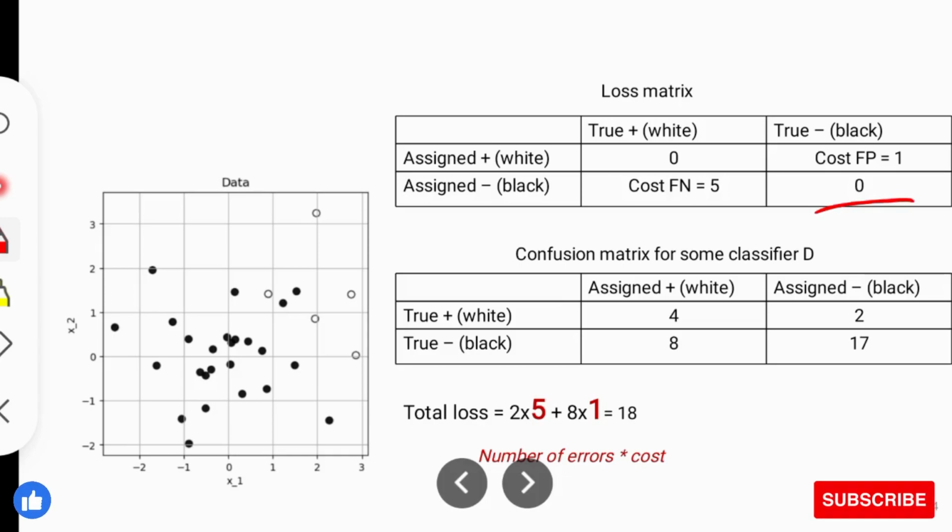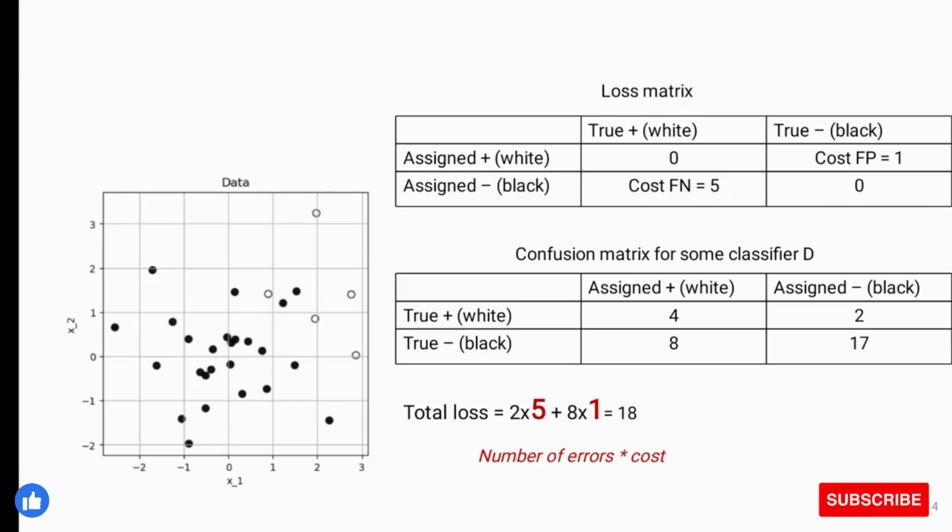Now, it's not necessarily going to be drawn in as a 0. It could be left blank. Why is that, though? Well, we always multiply that by the number in that cell of the confusion matrix. But it's not a problem. It's not a loss. It's not an error to get it right. So 0 times doesn't add into our cost.